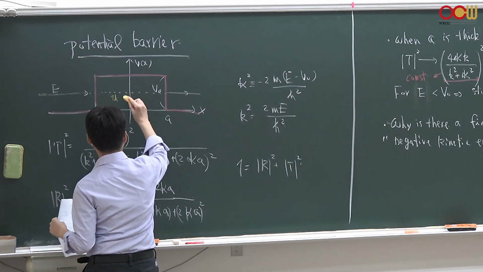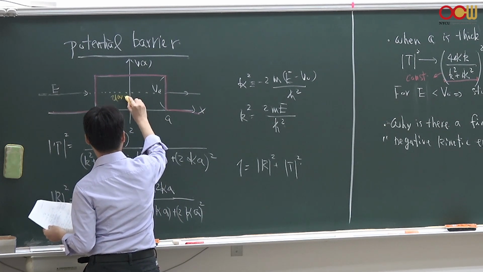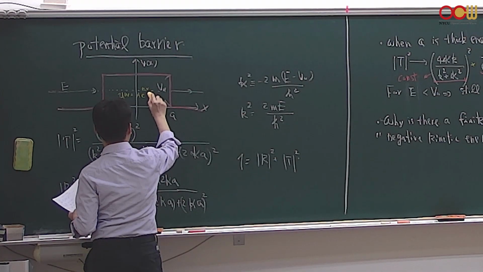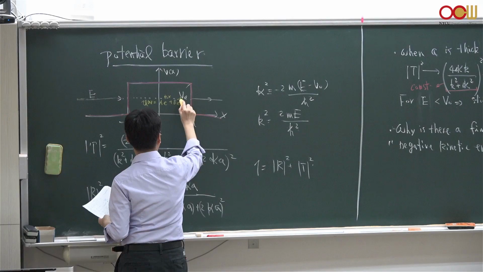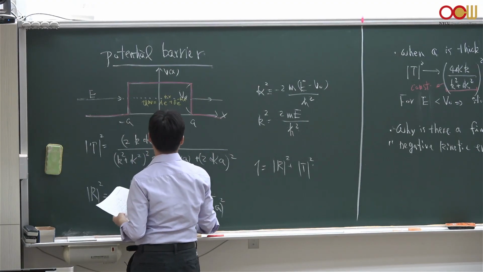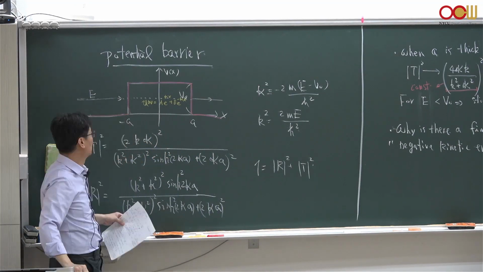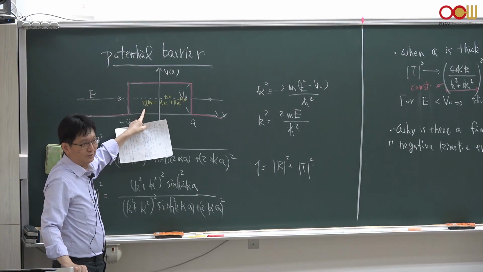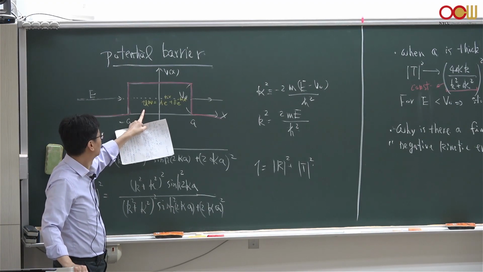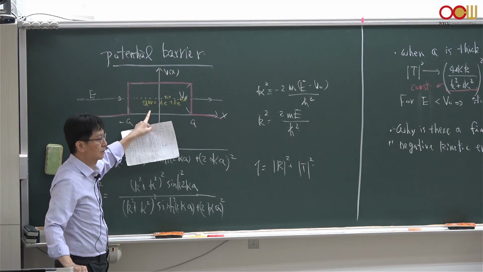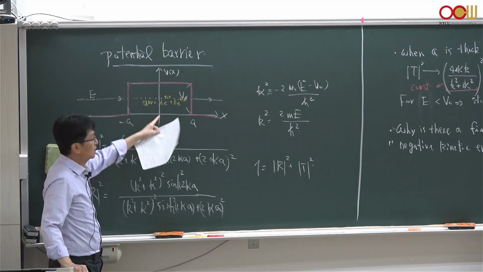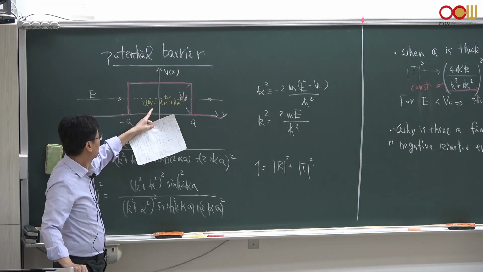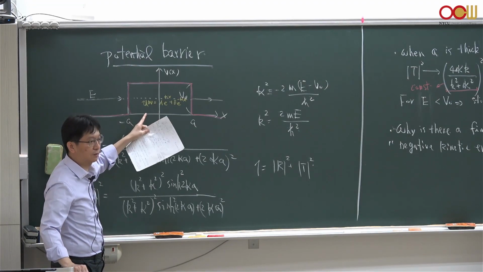Remember, u of x inside the barrier is a times e to the kappa x plus b times e to the minus kappa x. So there's a finite wave function distribution of this particle, like a probability distribution. Because this is non-zero, the particle can in principle exist inside the barrier.